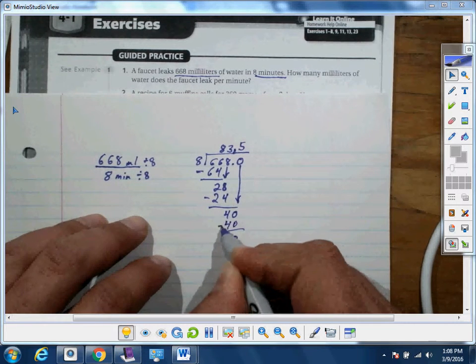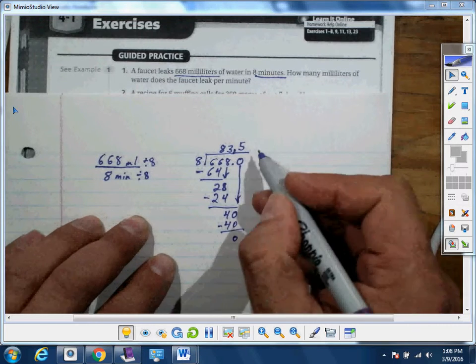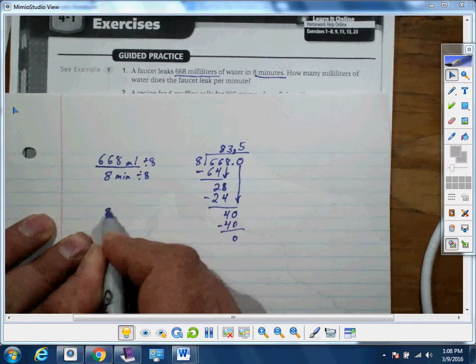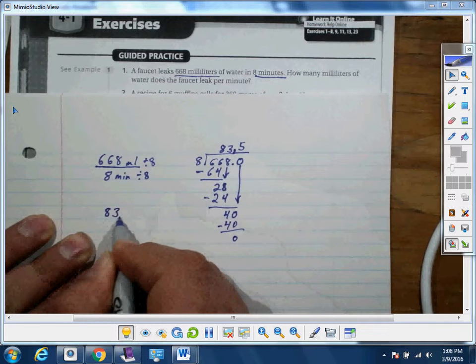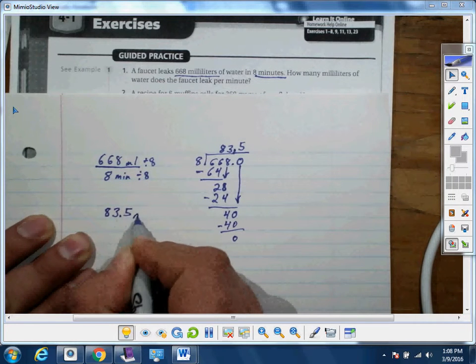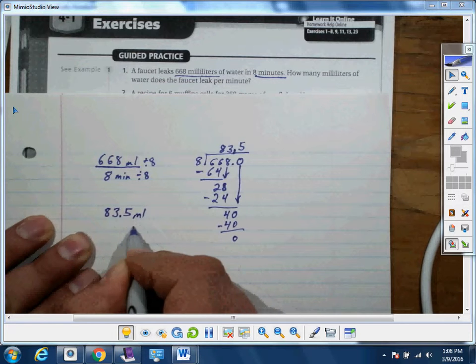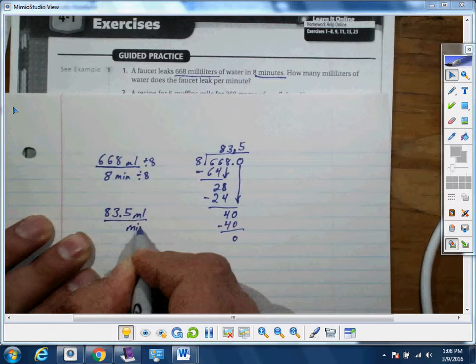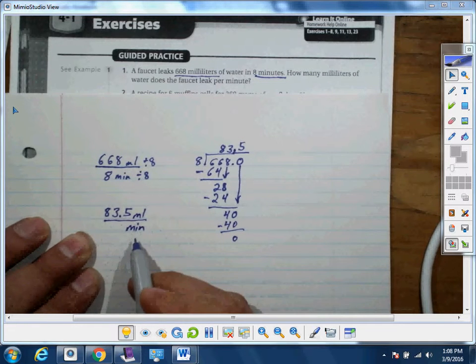It leaves me with 0 when I subtract. And I now know that it's leaking 83.5 milliliters. And I'm just going to do this over 1 in a minute, because that made the bottom become 1.